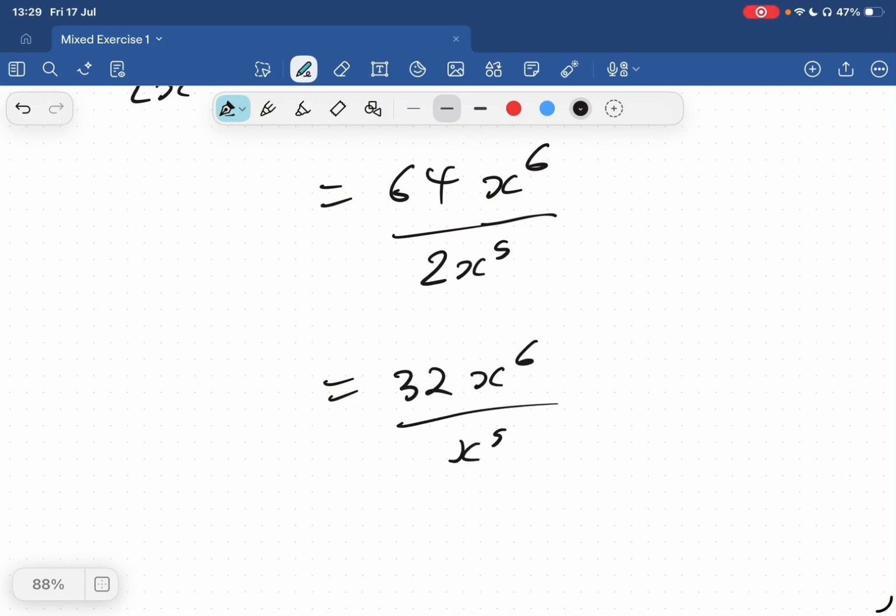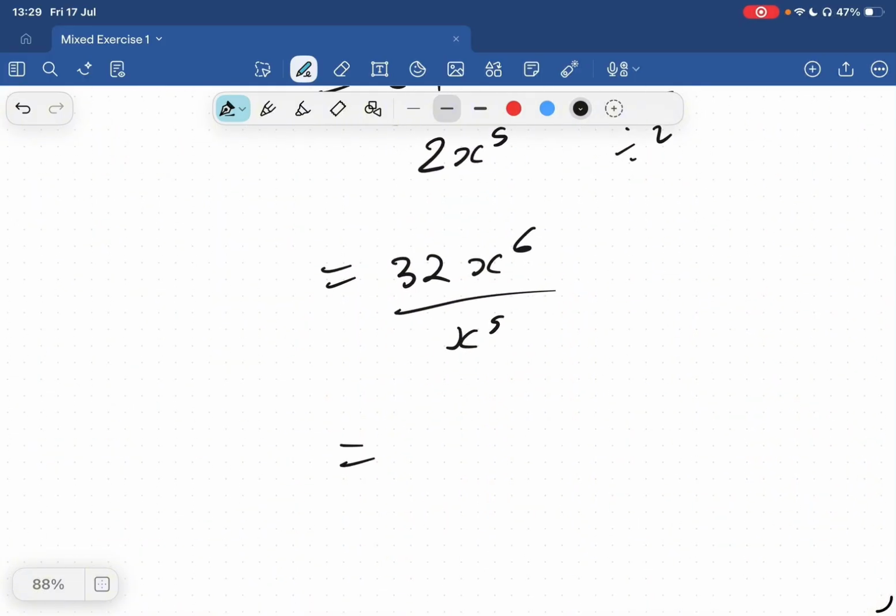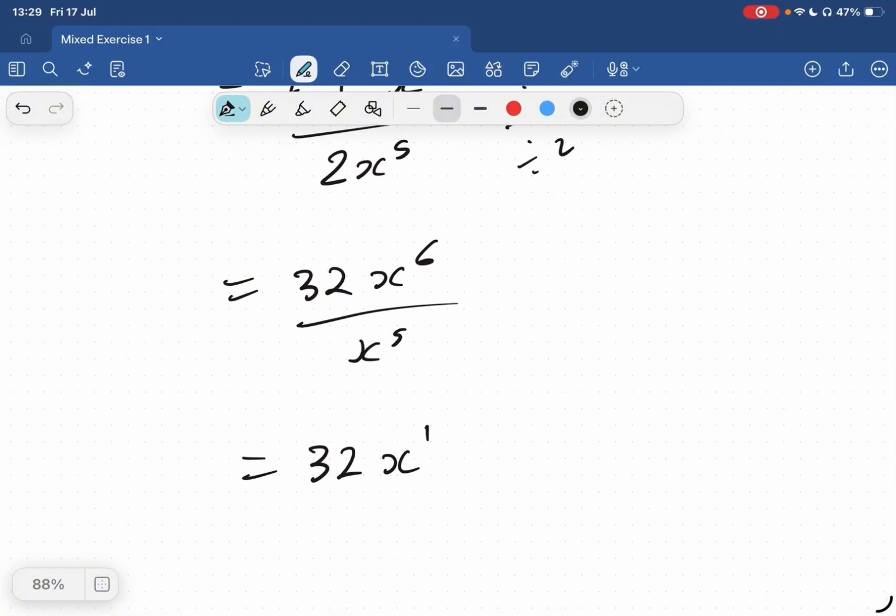Now, like how we just divided top and bottom by 2, we can divide top and bottom by x to the 5. x to the 6 divided by x to the 5 is x to the 1. Another way to convince you we can do that is 1 over x to the 5 is x to the negative 5.